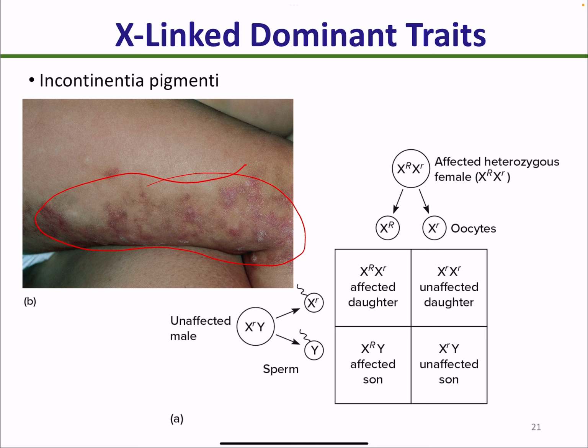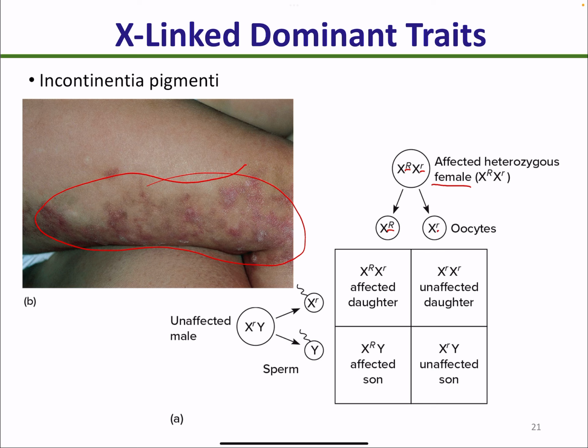Now, how can we actually show how this disease is inherited? Say you have a female here that is heterozygous, capital R, lowercase r, carried by X. The oocytes are going to be capital R, lowercase r.